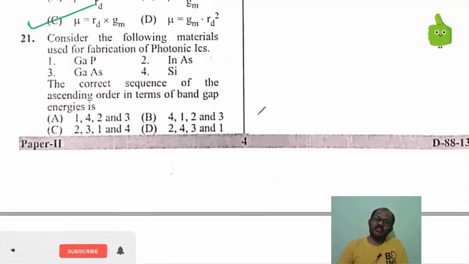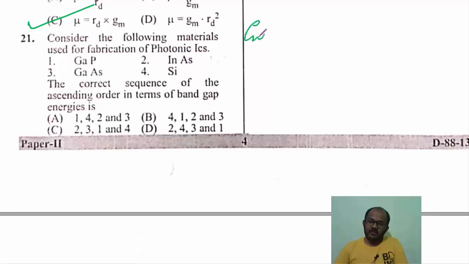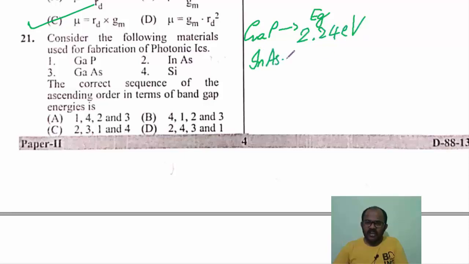21st question, they have given the band gap; you have to arrange it in increasing order. First, let us talk about gallium phosphide. We are going to represent band gap by Eg. So the band gap is 2.24 electron volt. In the case of indium arsenide, it is 0.345 electron volt.